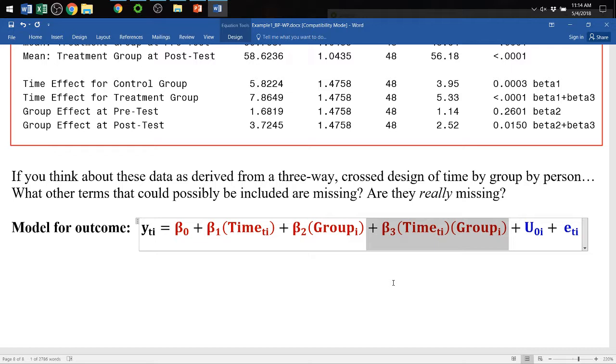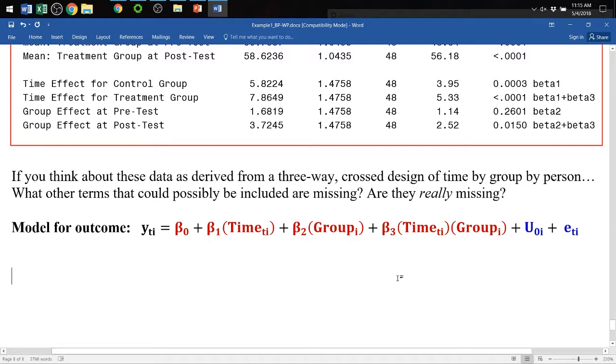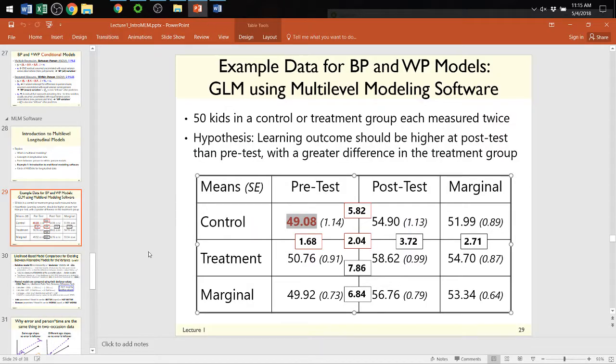So there's only one left, person by time. Do I have that or not? I do. We're nodding. Where is it? That's E. Not only is it in the E, it is the E. E is person by time.